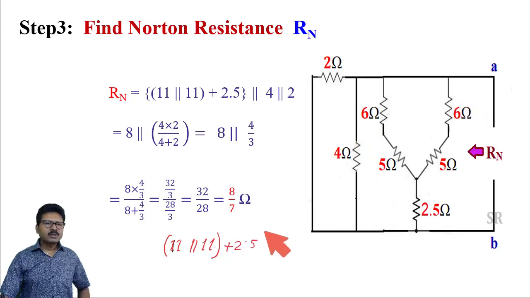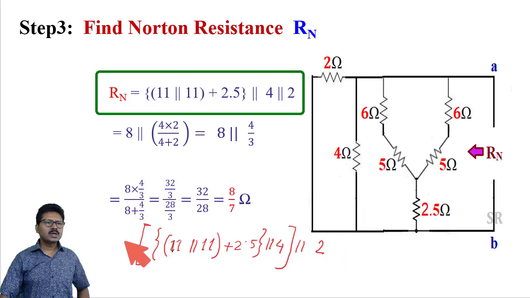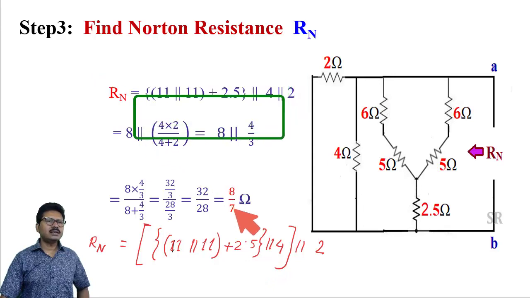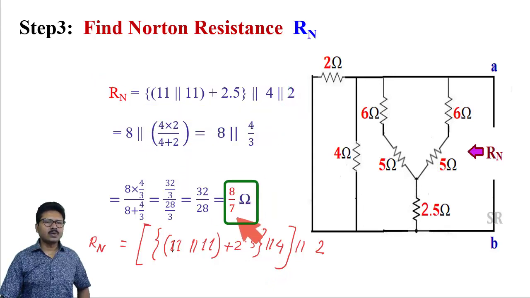Equivalent of this full combination is in parallel with this 4 ohm. Equivalent of this full combination is in parallel with this 2 ohm. So ultimately this is Rn. After calculating this part, I got Rn is equal to 8 by 7 ohm.